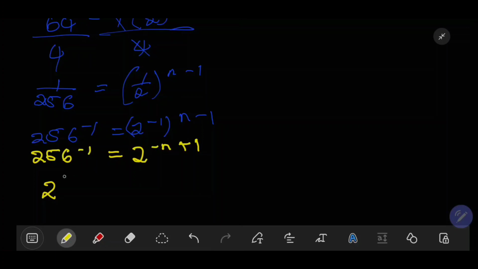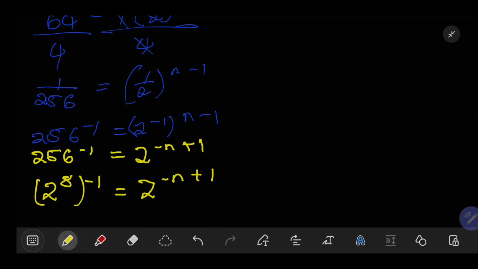But it will be like this, to the power minus 1. Remember this negative 1, we left it out on the calculator. So this is 2 to the power minus n plus 1. Then we can multiply this. So we are going to have 2 to the power minus 8 is equal to 2 to the minus n plus 1.